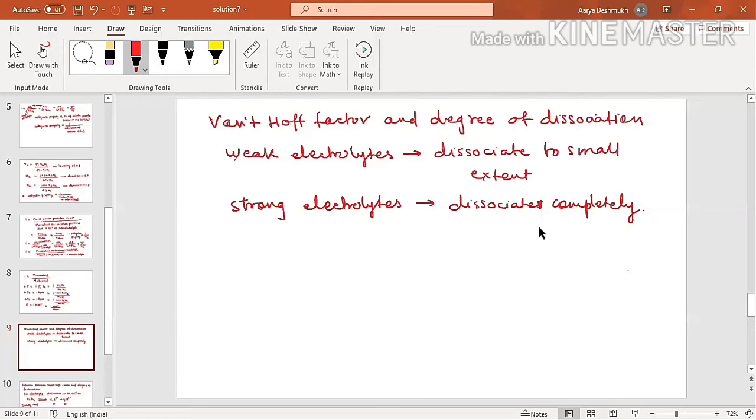But this is not true for weak electrolytes. They dissociate to a small extent. So the weak electrolytes involve the concept of degree of dissociation. This word, degree of dissociation, is related to weak electrolytes. Dissociation is important here.